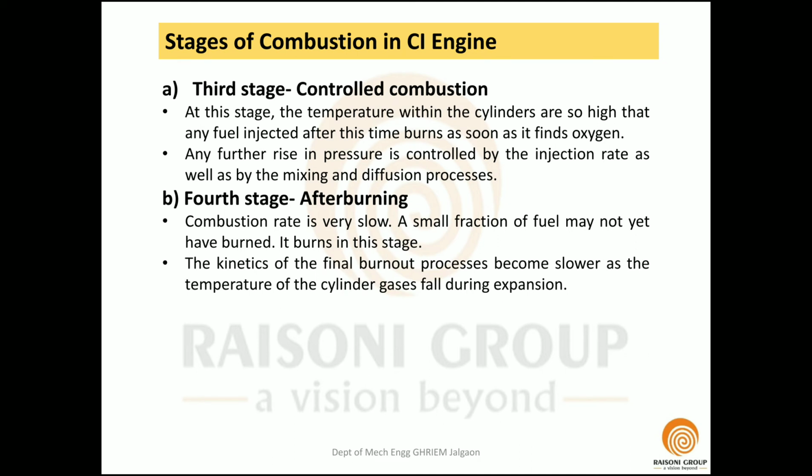A small fraction of the fuel may not yet have burned. The cylinder charge is non-uniform, and mixing during this period promotes more complete combustion and less dissociated product gases. The kinetics of the final burnout process becomes slower as the temperature of the cylinder gas falls during the expansion stroke.